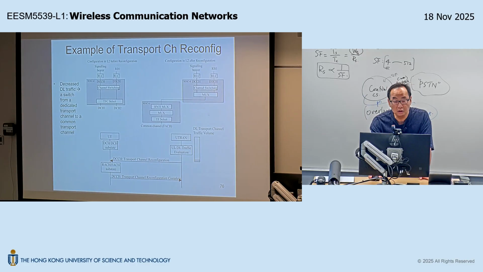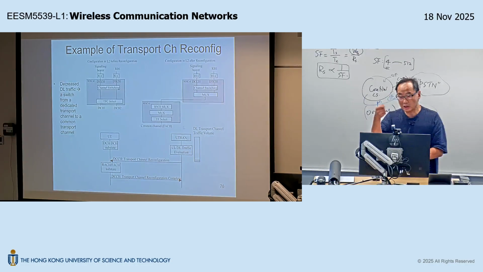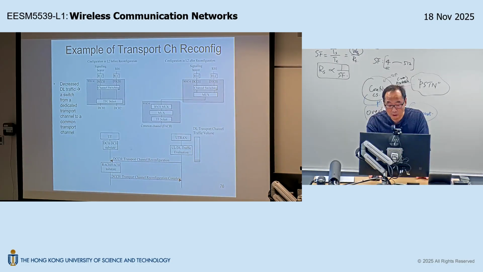And then once again, the signaling trigger is always initiated by the serving RNC by sending this transport channel reconfiguration. This is a control message sent by the RRC layer at the serving RNC, terminating at the RRC layer at the UE. Then the UE, receiving this, goes through this change of the MAC layer configuration.